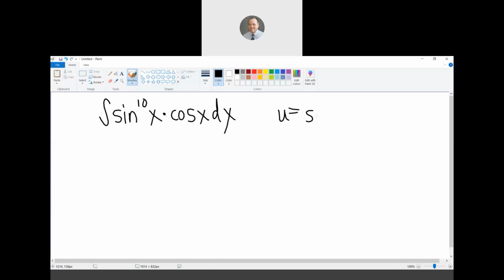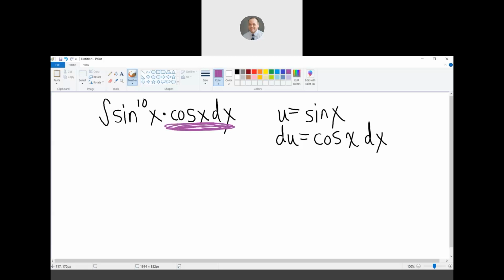So we'll let u equal sine of x. Take the derivative of both sides. So du is equal to cosine x dx. And we can plug that in immediately.